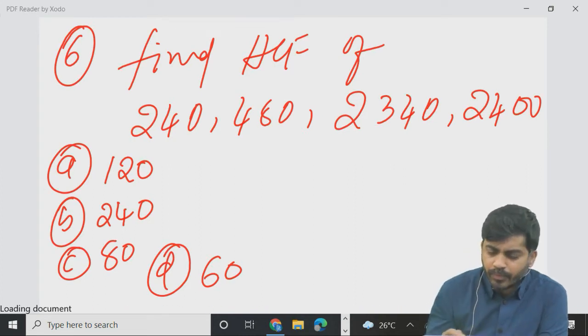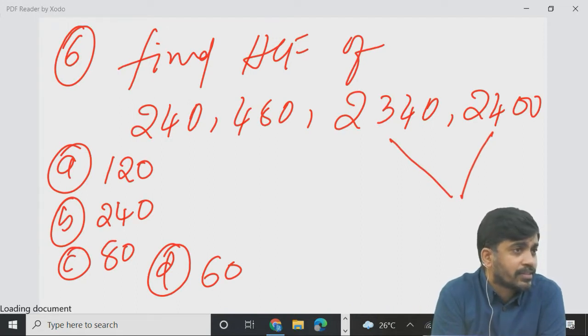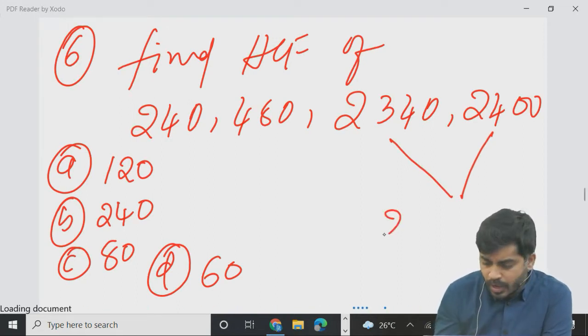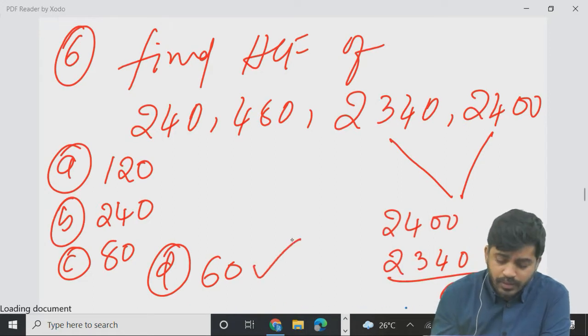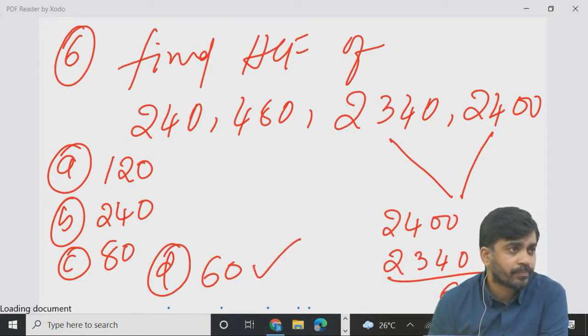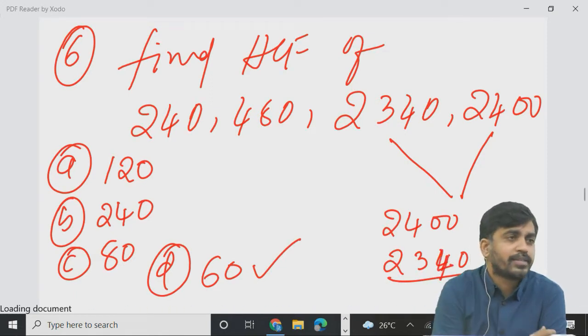Simple. 2400 and 2340, what is the difference? 60. 60 is your answer. That's all. 60 is the HCF.